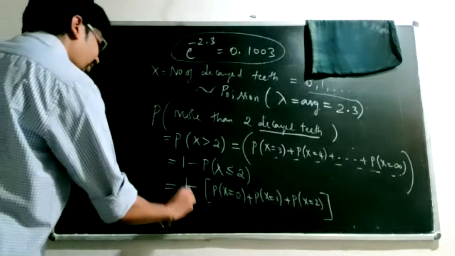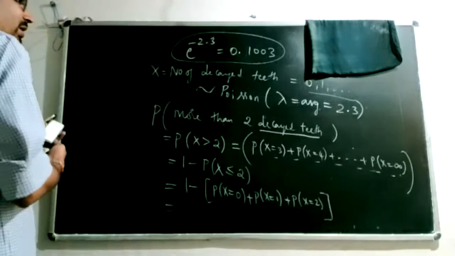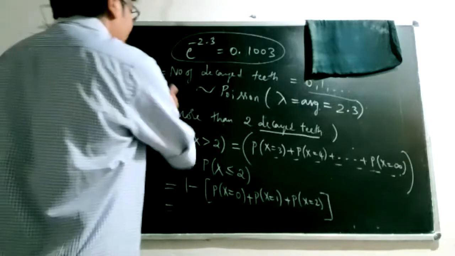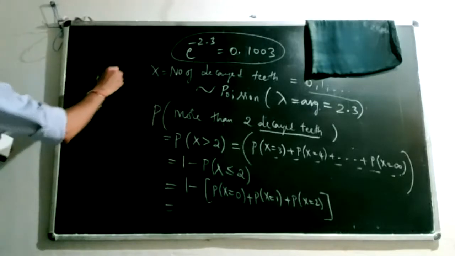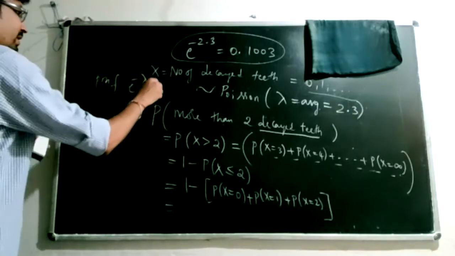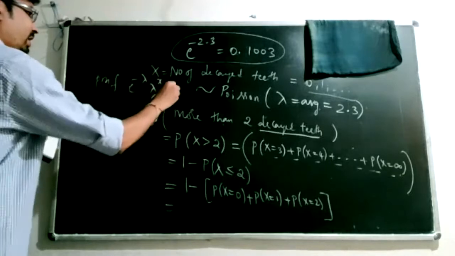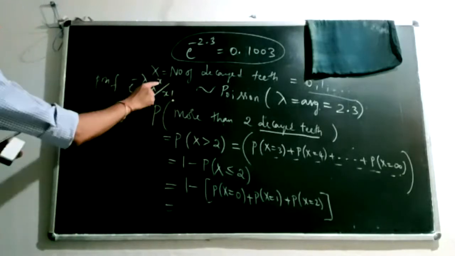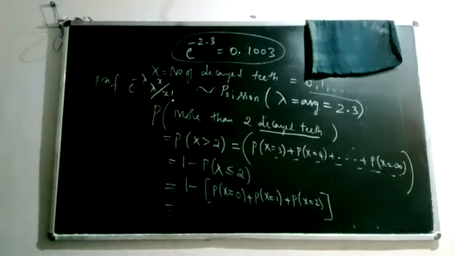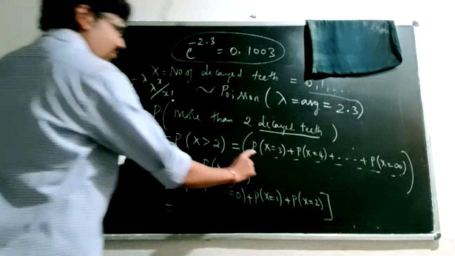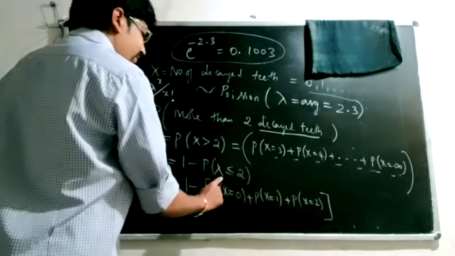Just compute the probabilities. So what is the PMF for a Poisson distribution? It is e power minus lambda, lambda power x by x factorial. So for a particular value of x, you will use this form to compute the probabilities. To avoid much of the calculations, I have used this form.